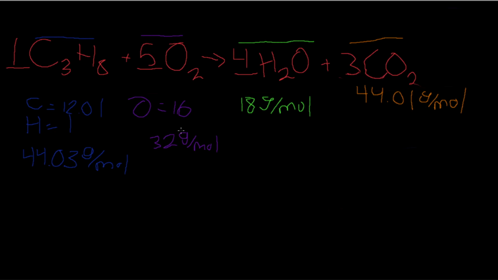Now, let's say we want to do a stoichiometry problem, figuring out how many grams of carbon dioxide would be produced if we have a complete reaction of 2 moles of this, or if we just have a complete reaction with 2 moles of this.